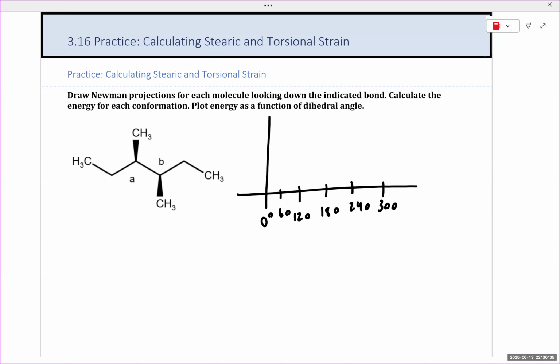You can pick any two groups for your dihedral angle calculation. Just make sure those two groups are kept consistent. And then I'd like you to tell me from your plot what the highest and lowest energy conformation of this molecule across the AB bond is. So pause the video, work through that, and we'll discuss momentarily.